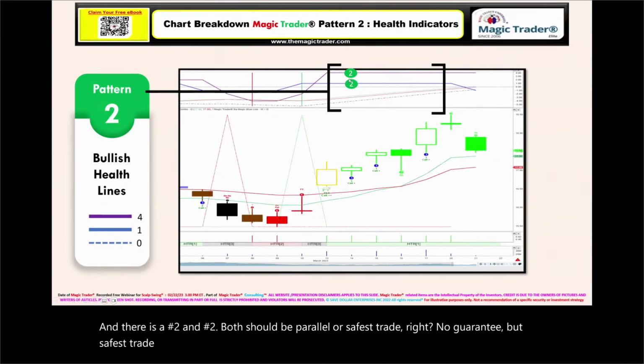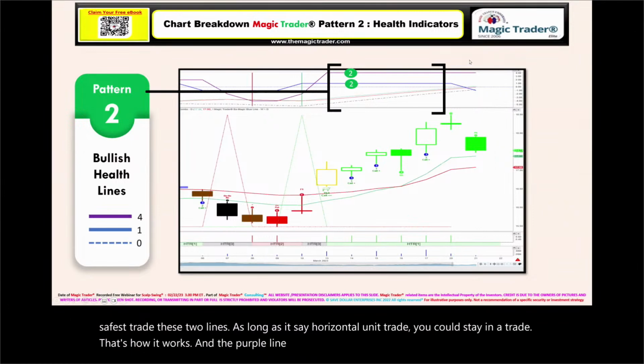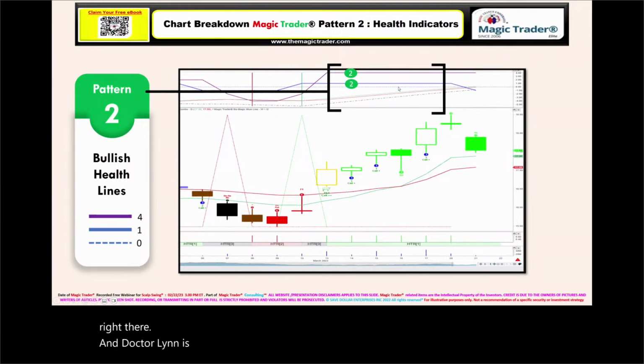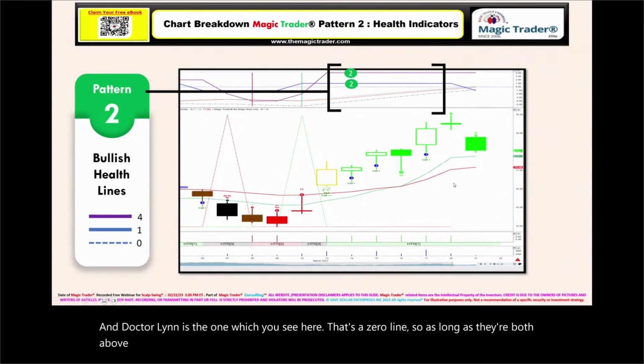As long as these 2 lines are horizontal, you could stay in a trade. The purple line has a value 4, which is the upper line. The blue line, which is the line below, has a value 1 on the scale right here on the right-hand side. And the dotted line is the one you see here. That's the 0 line. So as long as they're both above it and parallel, we're good to go.